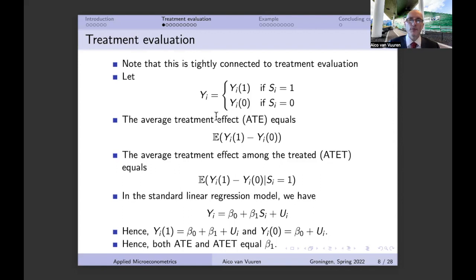Well, before we ask ourselves the question of how we could actually estimate the impact of the treatment, the first question that we should ask is, how are we going to measure the impact of the treatment? One thing we could do is that for every individual, we take the difference between y_i1 and y_i0.